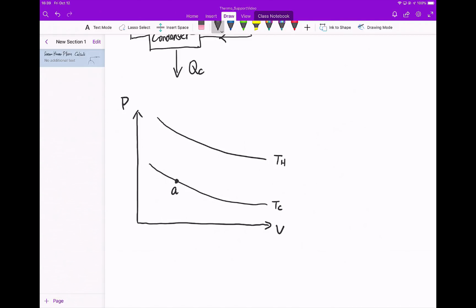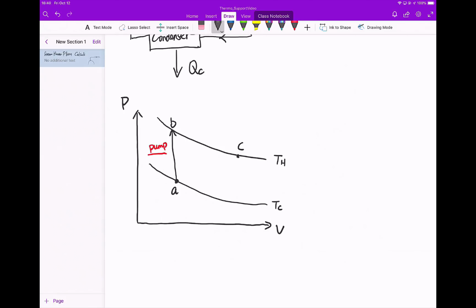I'm going to use a pump to move the system from A to B, and that whole process we call adiabatic compression, right? This is adiabatic compression in a pump. Then moving from state B to state C, along this isothermal expansion, the volume is increasing.